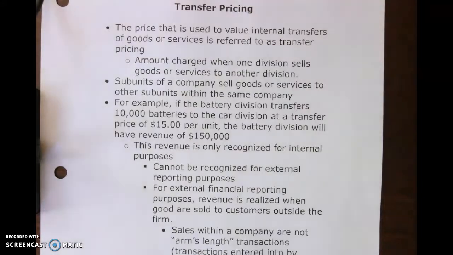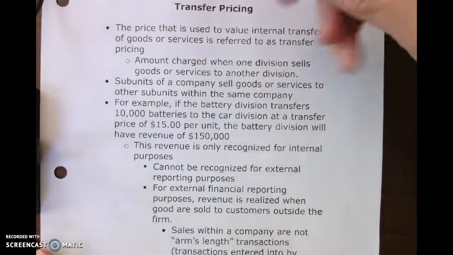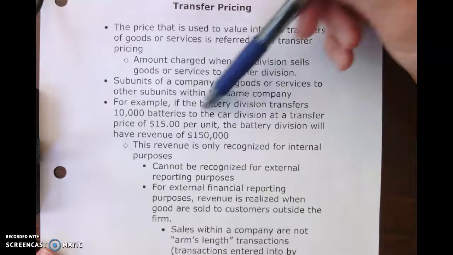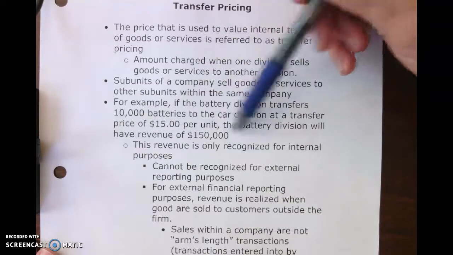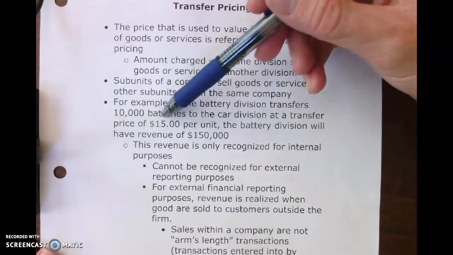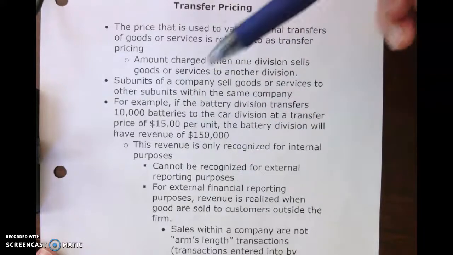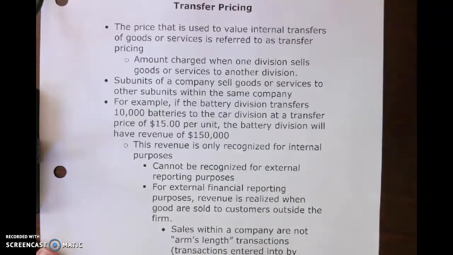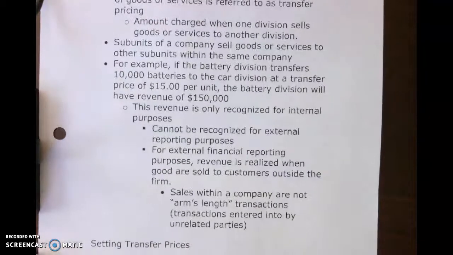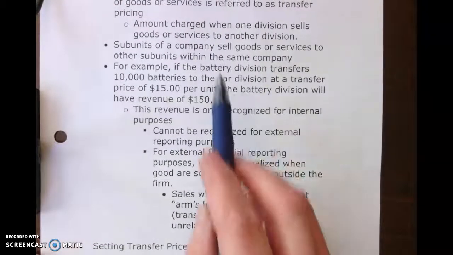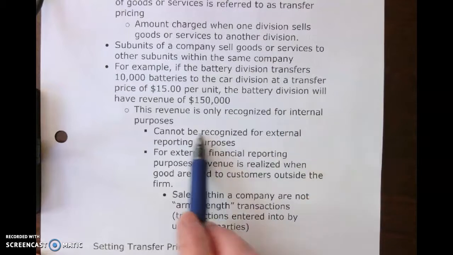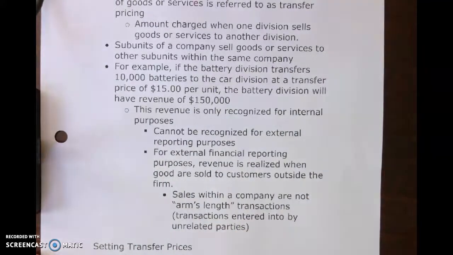And so when we talk about the transfer price, what we're saying is, what price should the battery division charge the car division for these batteries in terms of this internal transfer? Okay. Now this revenue can only be recognized for the battery division inside the company. We can't recognize that for external financial reporting purposes.